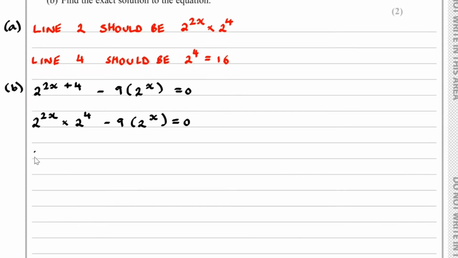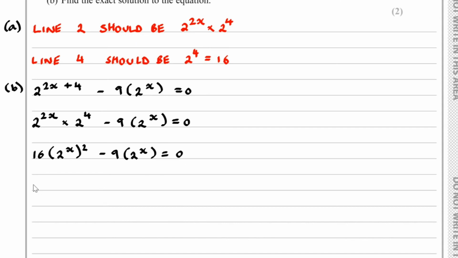So I've got 16, which is 2 to the power of 4, lots of 2 to the power of 2x. Well, this I'm going to rewrite as 2 to the power of x squared. When I multiply the powers, when I've got a base to a power to another power, I multiply the powers. That's where the 2x comes from. And then I've got minus 9 lots of 2 to the power of x. This is all equal to 0.